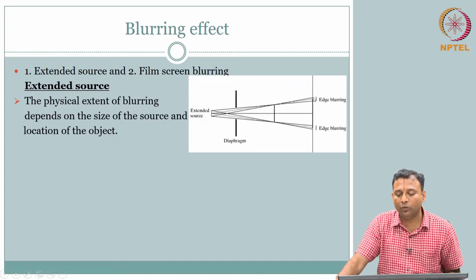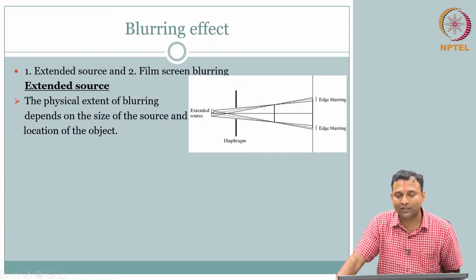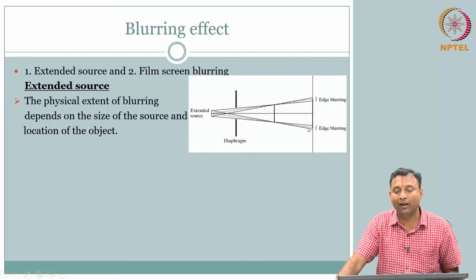So it is uncertain over this region, and this region is dependent on the extent of this source. If this was a point source, you would have had a point here. Now that the source is extended, your object edge is spread over some length. So this is called edge blurring.